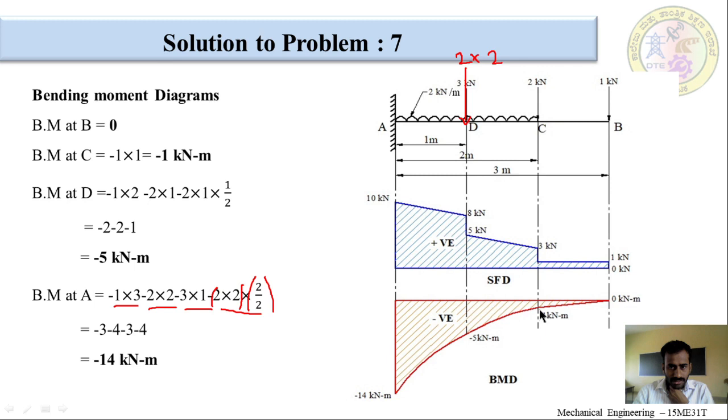As per the rules, when there is a UDL, the bending moment curve will be a parabolic curve. So, from C to D you have to join with a parabolic curve, and from D to A is again a UDL, so it is also joined with a parabolic curve. Okay. So, this completes problem number 7.